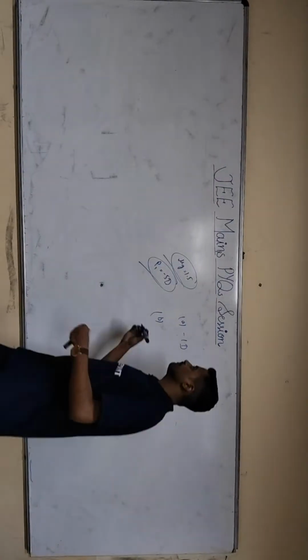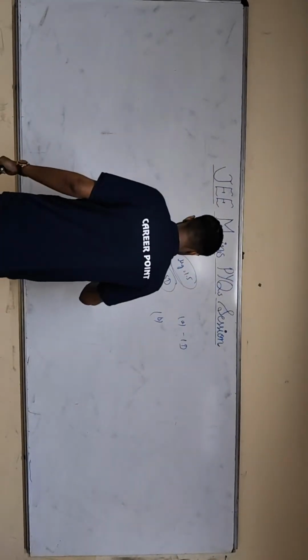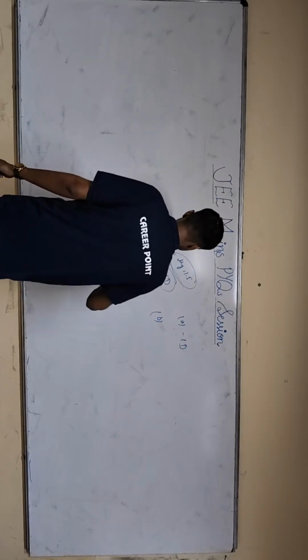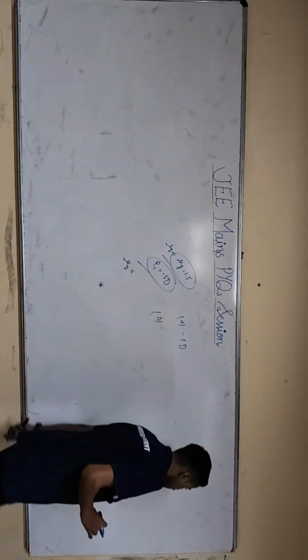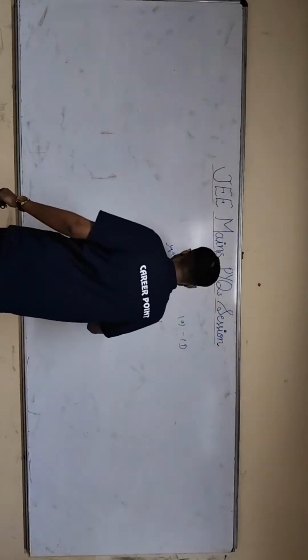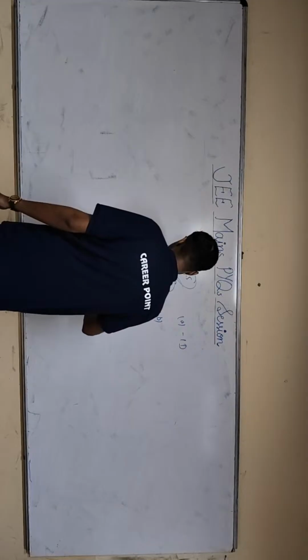And one more thing, the refractive index of the liquid. Let's suppose mu 1 and mu 2. The mu 2 is 1.6. So here the question is asking, what is P2?